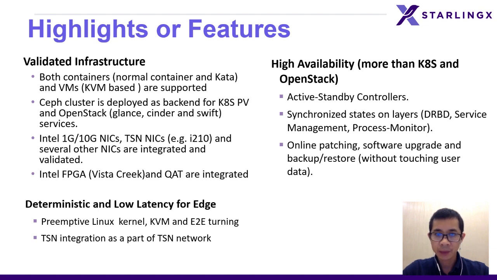From a hardware perspective, we also have Intel 1 gig, 10 gig NICs, TSN NICs, and several other NICs integrated and validated. Also, Intel FPGA and QAT cards are integrated as part of the package.